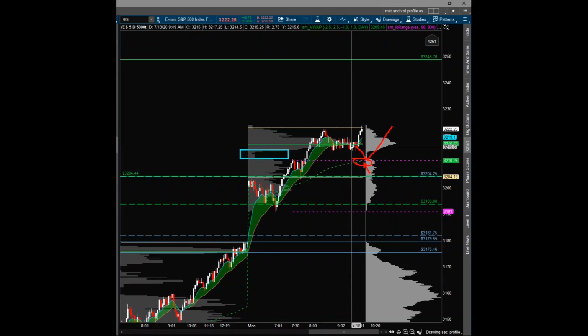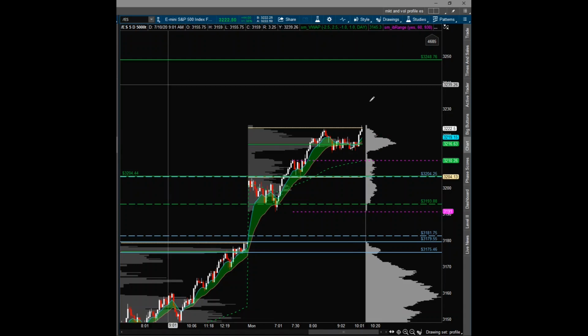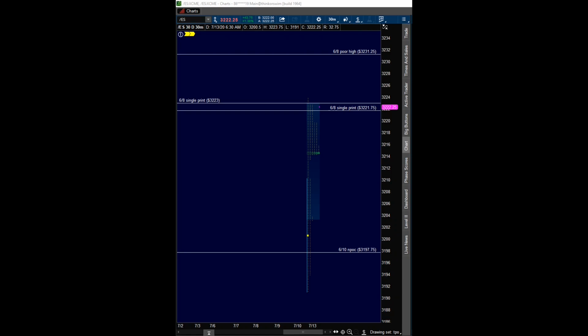And this low volume zone is essentially down near those single prints that weren't filled on the market profile. So we just keep an eye on this and see how high it will go, because basically what we're looking at right now is the 3231.25.